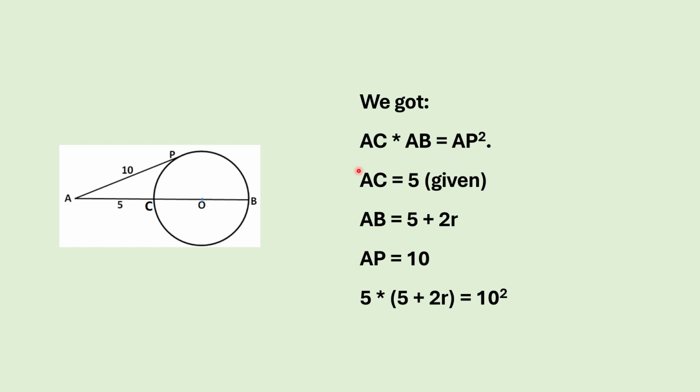So substituting all the values, we get 5 into (5 plus 2R) equal to 10 square. Now from here we can find the value of R.